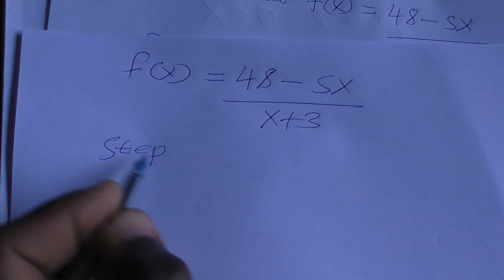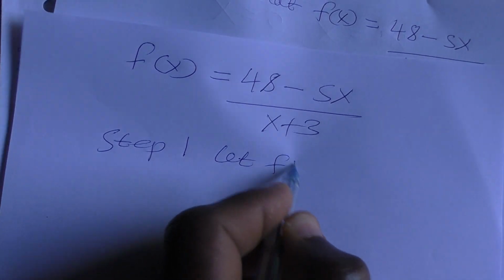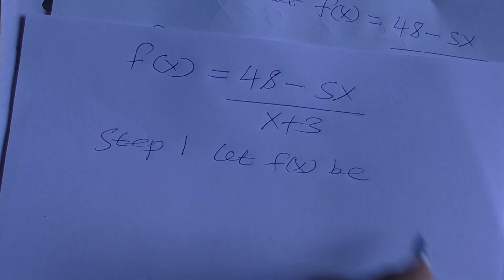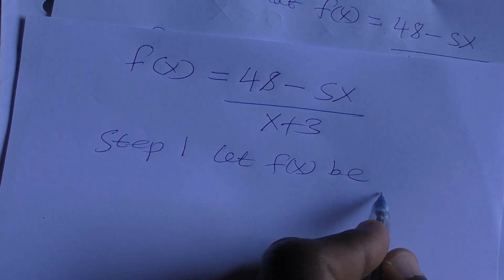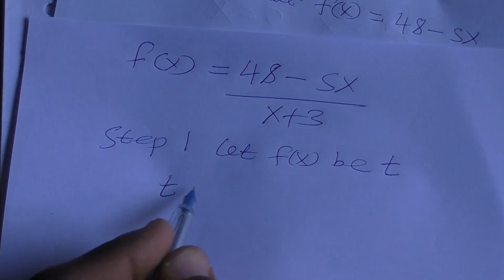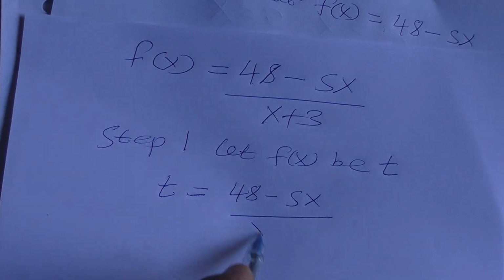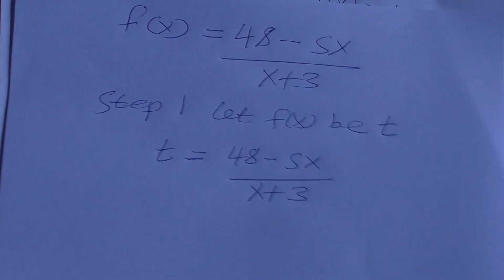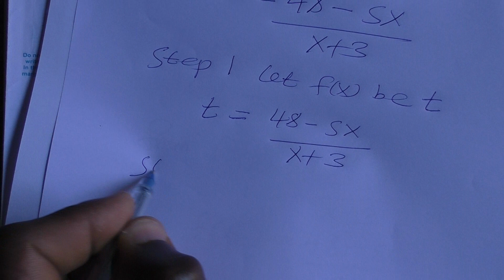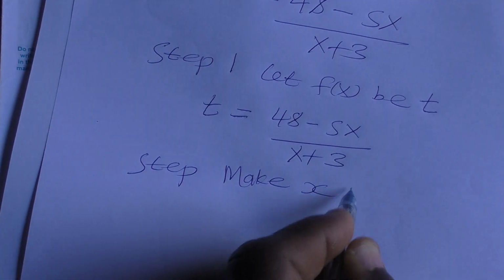Step 1 is letting the f of x be t, so that we get t as 48 minus 5x over x plus 3. Step 2, we make x the subject.